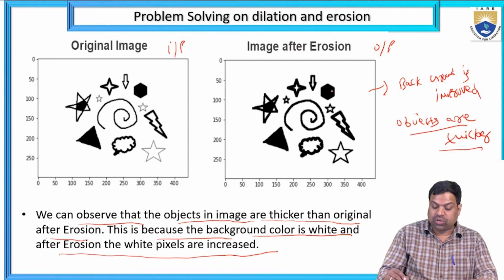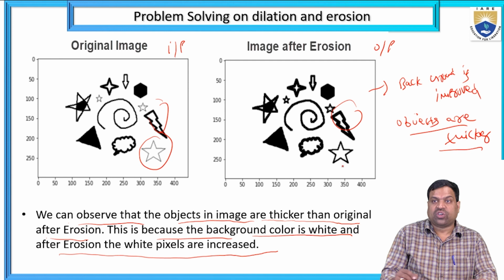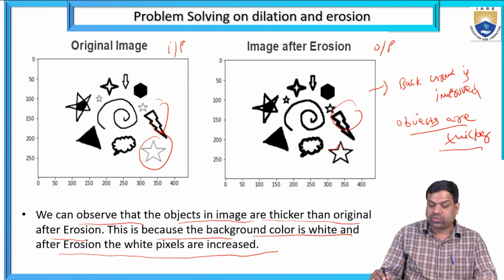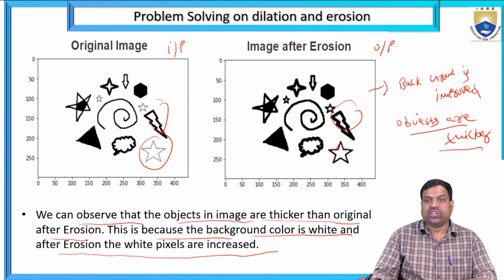It is normally just a star, but here the backgrounds are improved with black. So objects are thicker and the background is improved. That is the advantage of erosion.